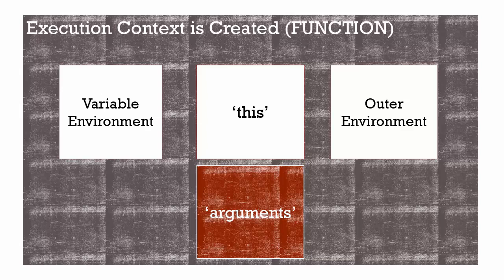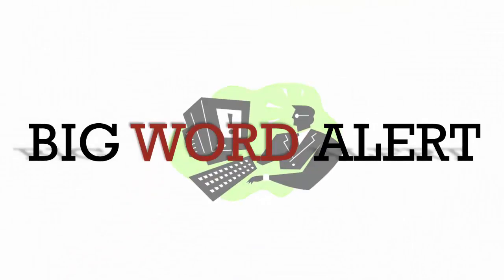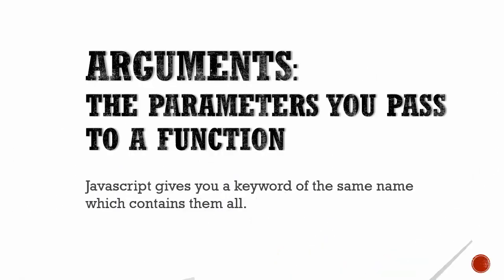And just to be really clear, big word alert: arguments, the concept of arguments in general, is just another name for the parameters you pass to a function. So you could say your parameters, you could also say your arguments.